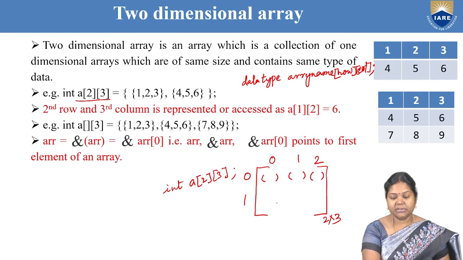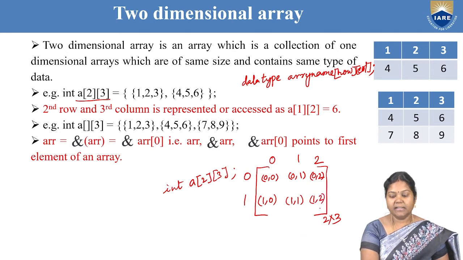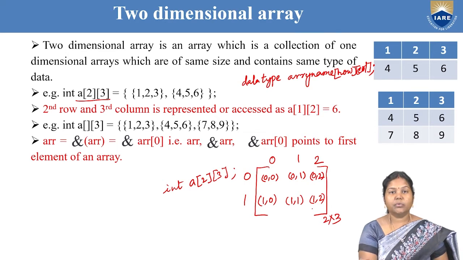So, what is the index position? The first value will be at 0th row, 0th column. The second value will be 0th row, first column, then 0th row, second column. Similarly, this is first row, 0th column, first row, first column and first row, second column. These are the index positions using which you can store or retrieve an element.